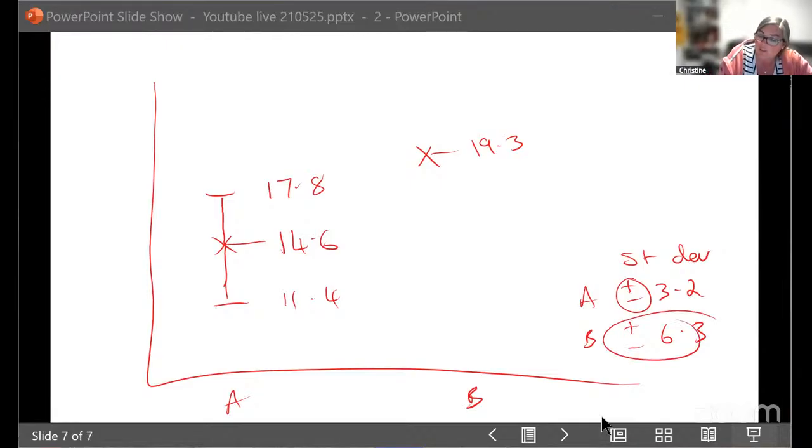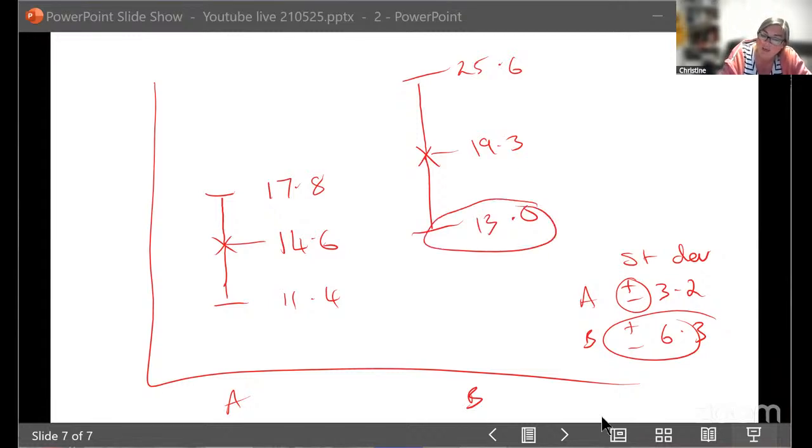Now this one is much bigger, so this one is going to go 6.3. I'm going to go all the way up, and obviously this is not to scale. I'm adding in 6, so that is 25.5. And I'm going to come down to 13. Well, 13 is overlapping down here somewhere, actually, if I'd done it right. So if I bring it down to 13, what that means is there's an overlap all the way across here.